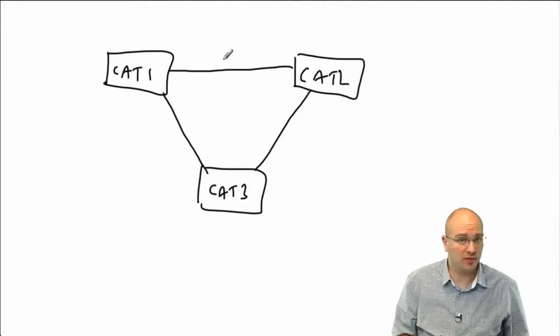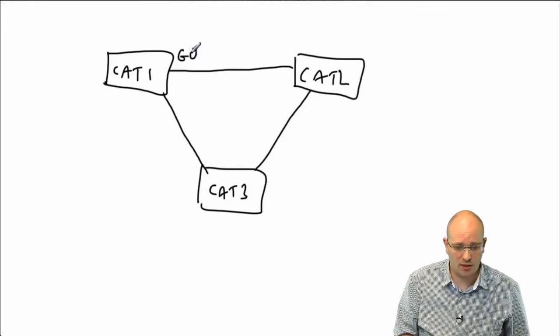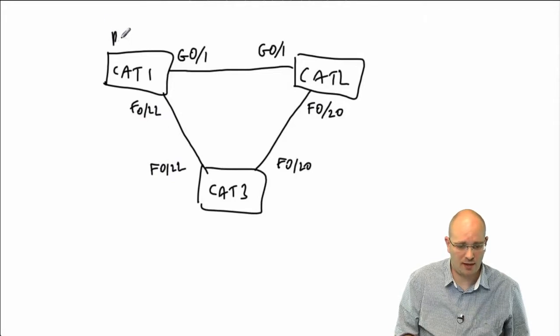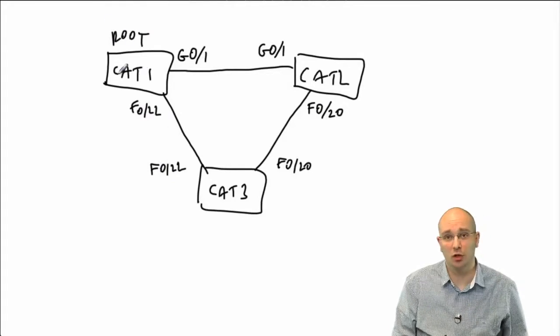The interconnection between Cat1 and Cat2 is using the Gigabit 0/1 interface on both sides. The connection between Cat2 and Cat3 is using FastEthernet 0/20, and here I'm using FastEthernet 0/22, and my Cat1 will be configured to be the root.